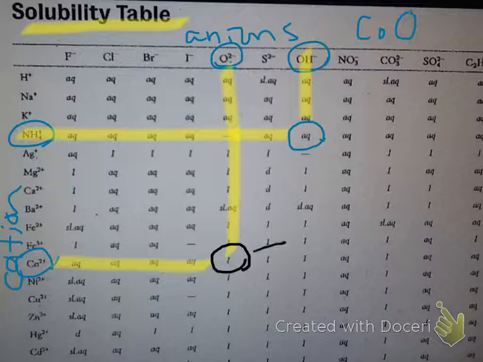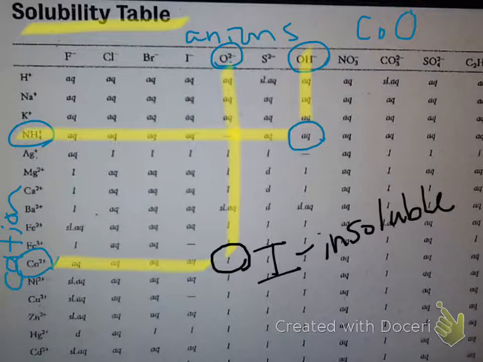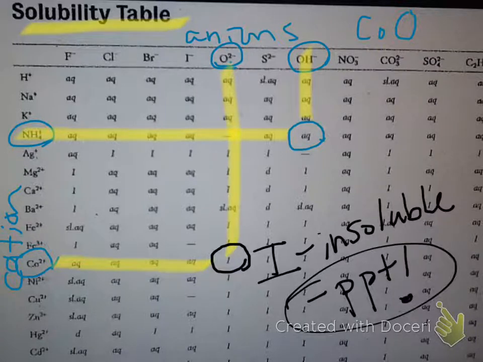And here we see that it says I. I means insoluble in water, or not soluble in water. So this means that if you reacted a solution of 2 ionic compounds and it produced cobalt(II) oxide, you would produce a precipitate.